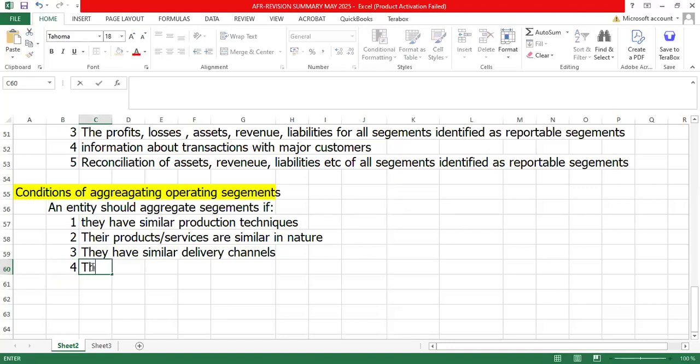Then maybe they serve similar customers.